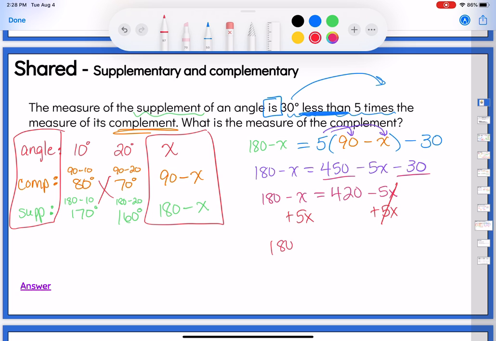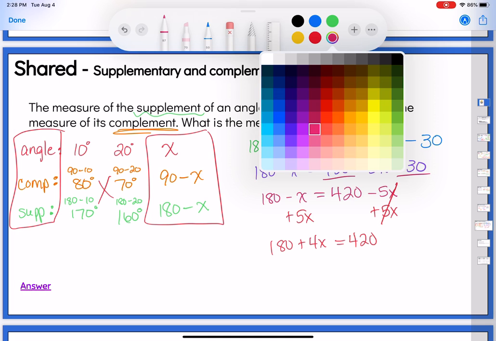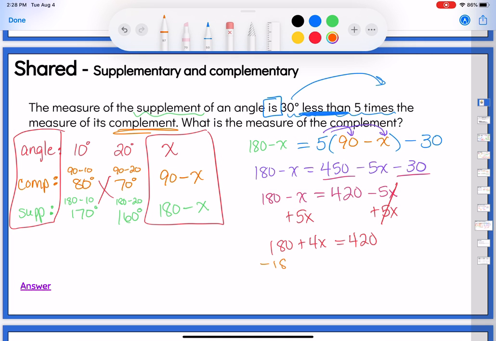I've got 180 plus 4x equals 420. I'm going to subtract 180 from both sides. I've got 4x equals, let's see, 420 minus 180 is 240. I'm going to divide both sides by 4. I'm going to get x equals 60.